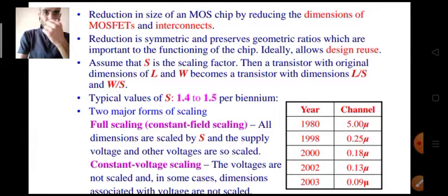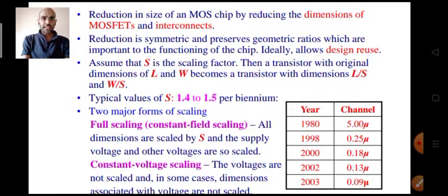Now, as I have told you, we use two types of scaling. The first one is called full scaling, that is constant field scaling, whereas the other one is called constant voltage scaling. So what is the basic difference between the two?